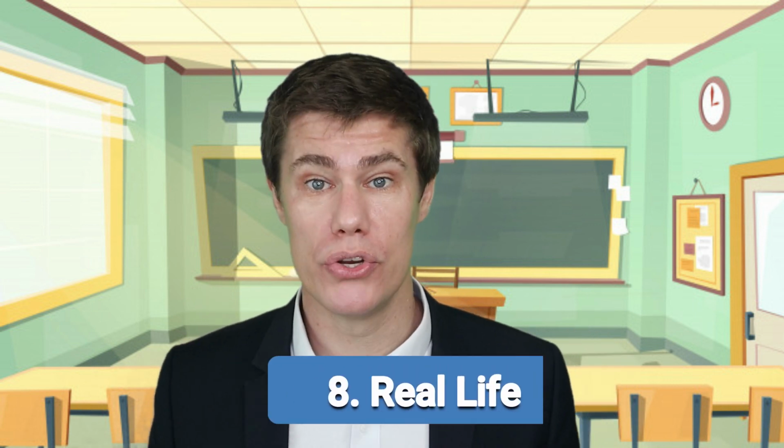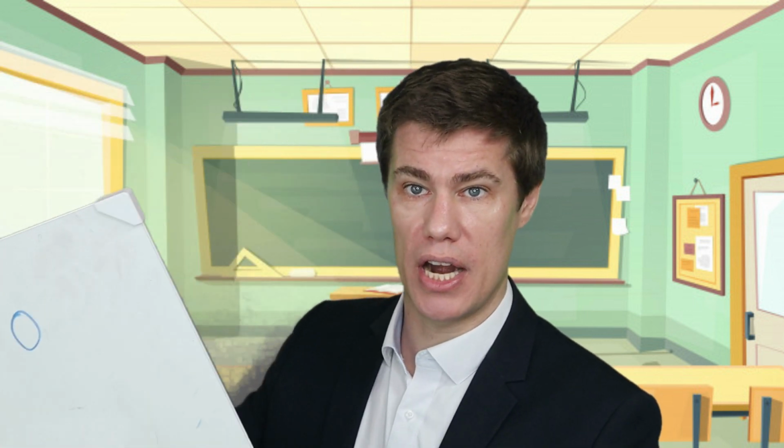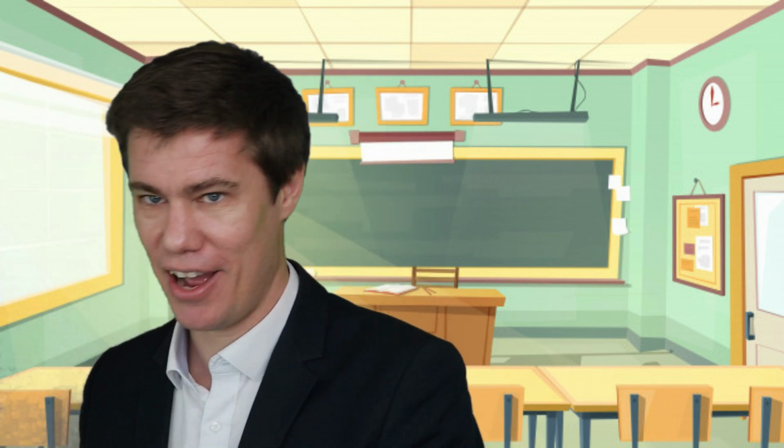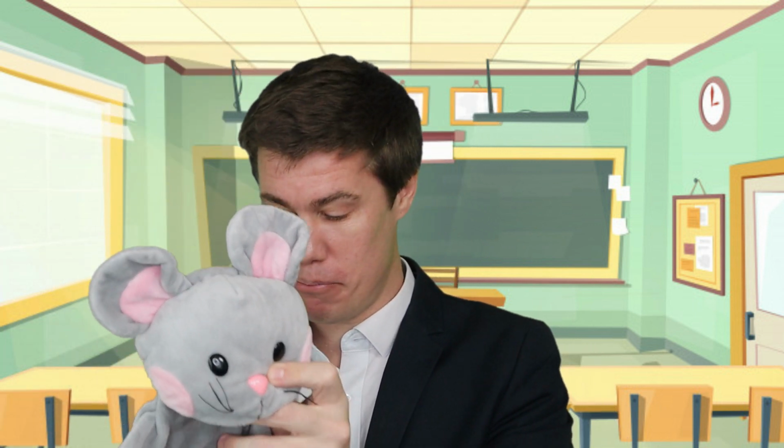Number 8, real life. Make it real to your students. You can have props like a board to write on, some toys, or flashcards. Use anything to get them to interact with the class. Another activity you can do is scavenger hunts.